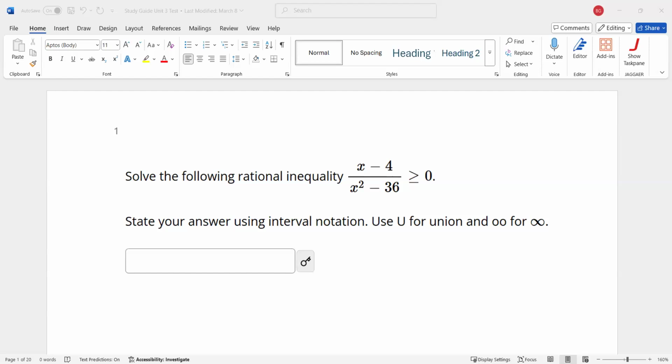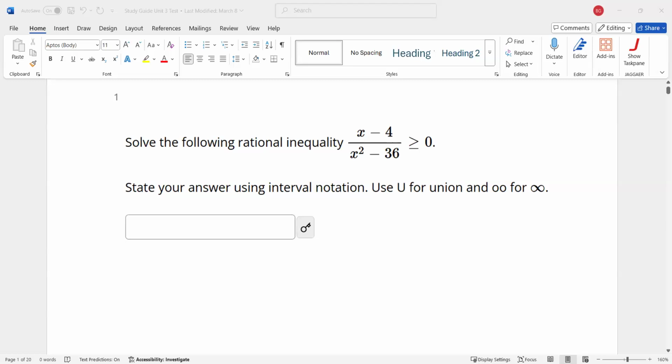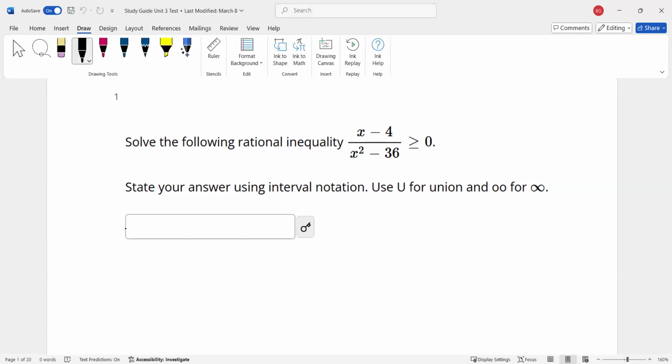The first question: solve the following rational inequality. Since the right side of the inequality is already 0, the rational inequality is in standard form. We let f of x be the rational function on the left side, x minus 4 all over x squared minus 36.